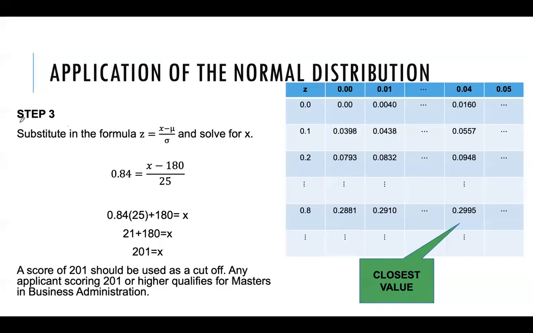Okay, so now we substitute into the Z value formula so we can solve for the X value, the required score.